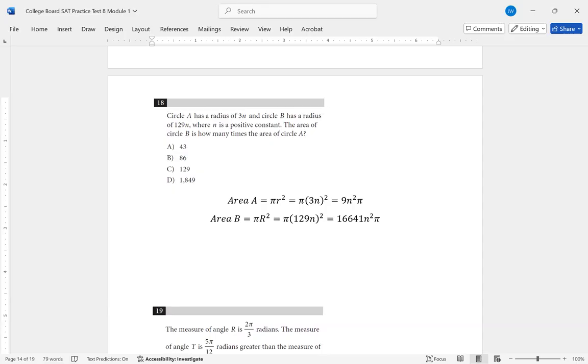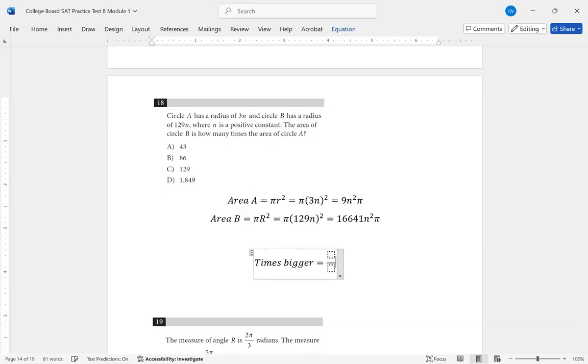So if we want to know how many times bigger the area of circle B is than circle A, all we need to do is divide. Well, that's going to be 16,641 times n squared times pi divided by 9 times n squared times pi.